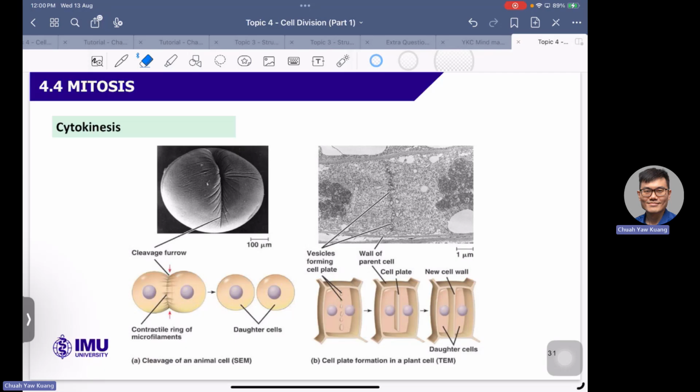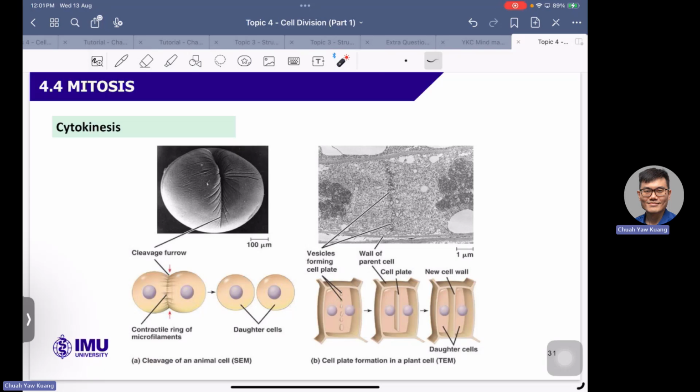If it is using the cleavage furrow, for an animal cell, what are the 2 points? The first one is that you have to talk about the contractile ring. The contractile ring will contract to form the cleavage furrow.